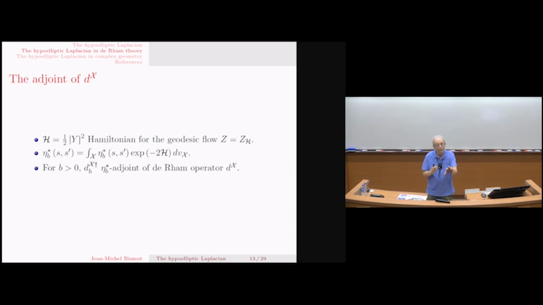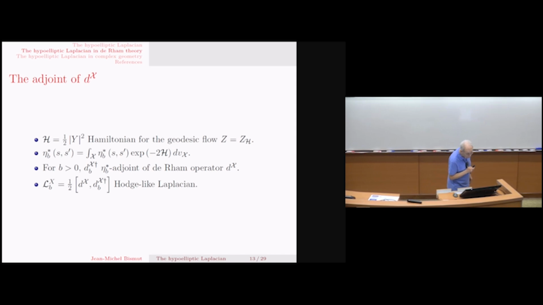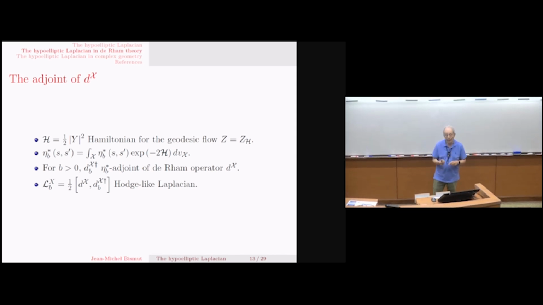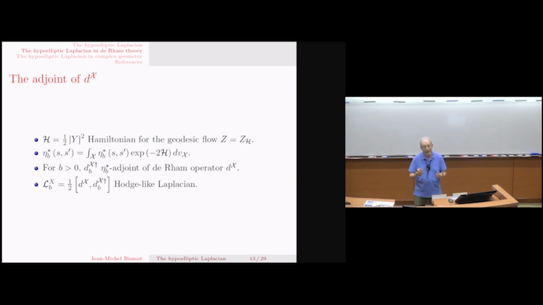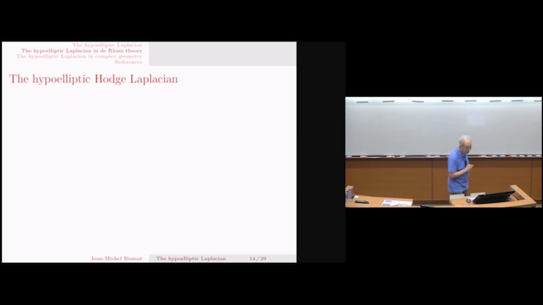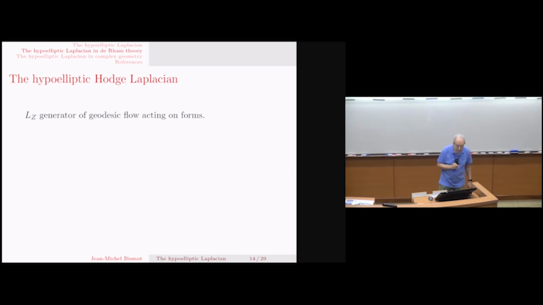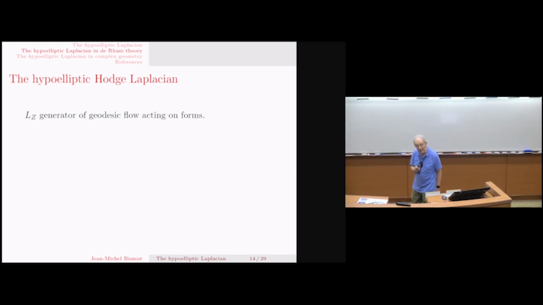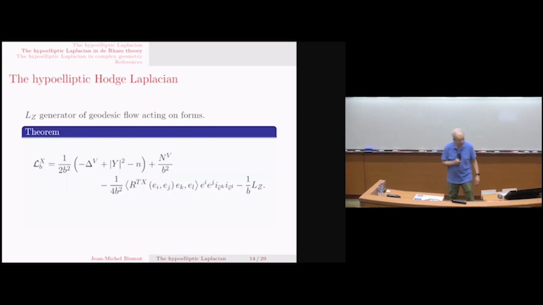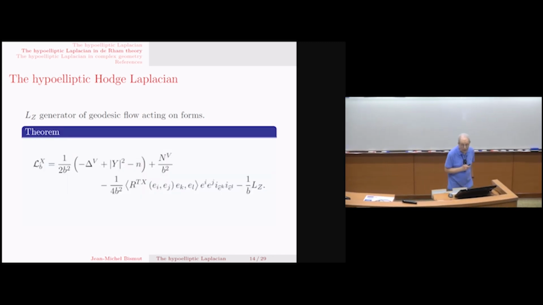I have a non-degenerate bilinear pairing, I have the map d^X, and I construct its adjoint d^X_B star. And then I form the corresponding Hodge Laplacian in which the classical adjoint is replaced by a bizarre adjoint with respect to a new bilinear pairing. So let me give you the formula for this fake Laplacian. Here's the formula.